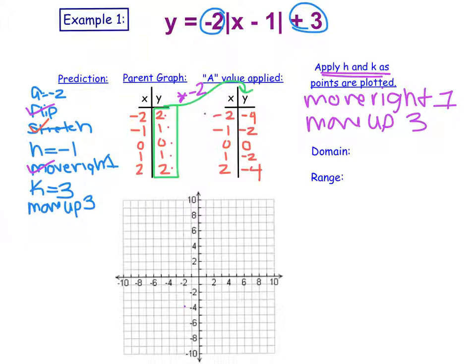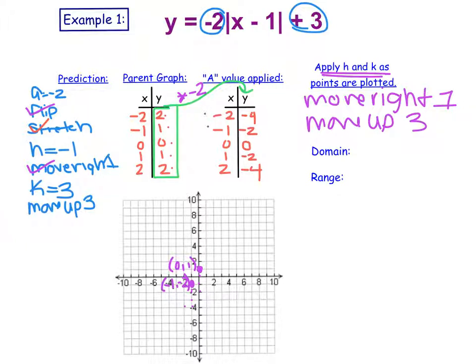And I'm going to move right 1 and up 1, 2, 3. So we're plotted right there at x is -1, y is -2. Then my next point, we go to x is -1, y is -2, and we go right 1, up 1, 2, 3. So we're at x is 0, y is 1.